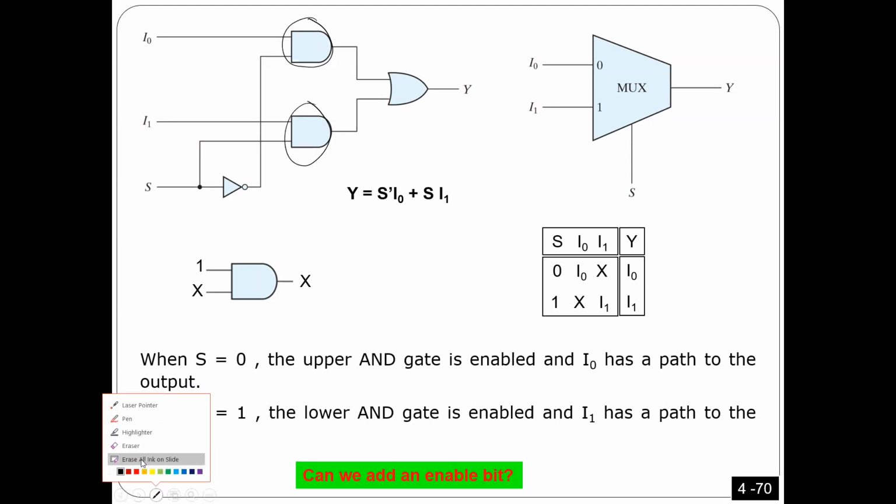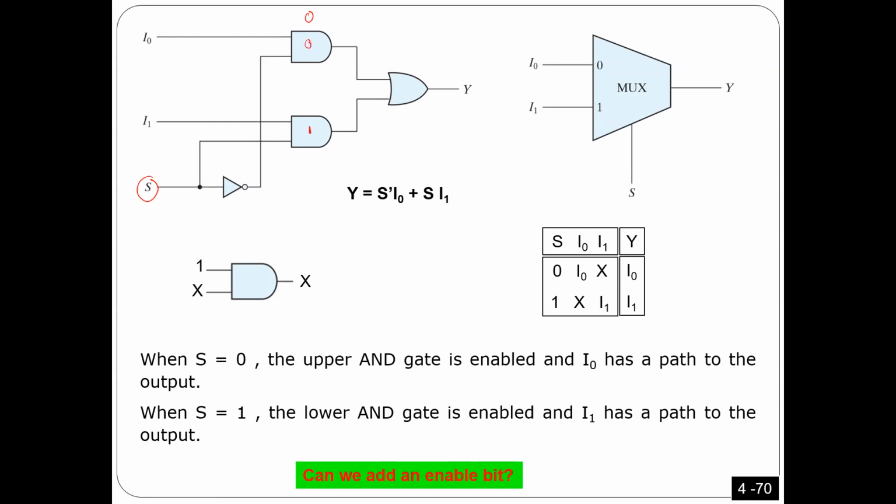Okay, so this is the selector. This is input number 0. This is input number 1. So this is for 0. This is for 1. Okay, let's see. When the selector is 0, what do you want to do?